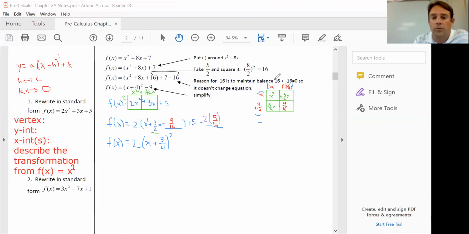So I'm just going to bring that over here to the side and try to see if I can figure that out a little bit. All right, that's your 5 minus 2 times 9/16. Well, that's the same thing as 5 minus 9/8.